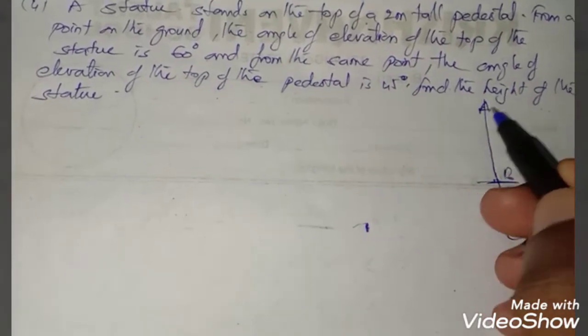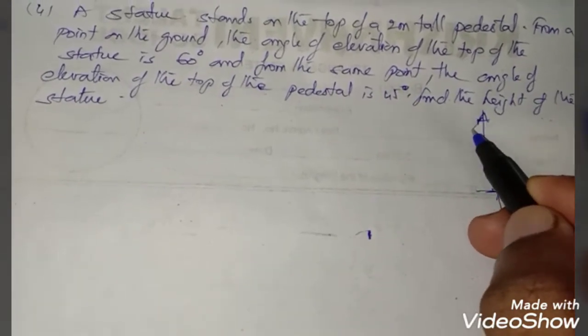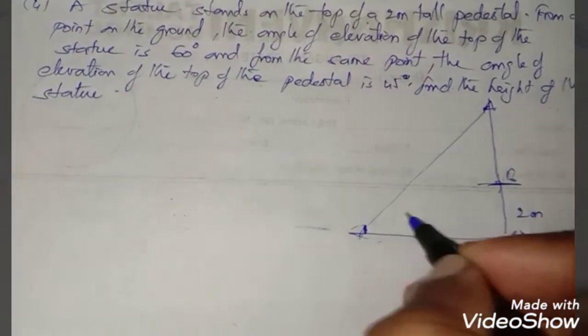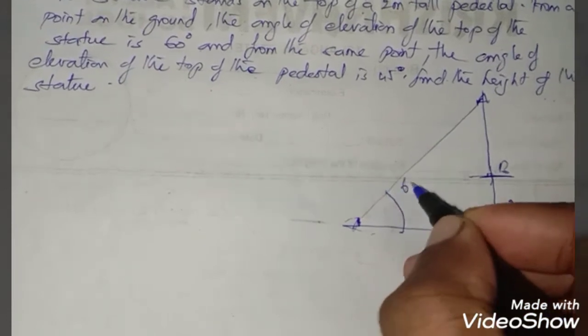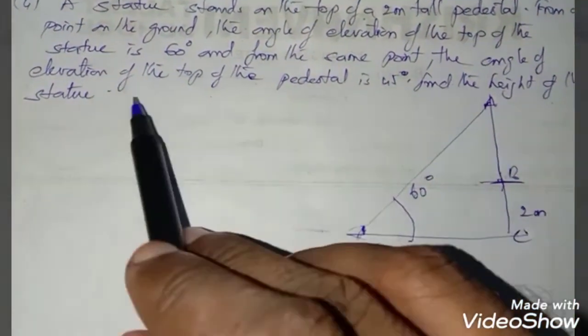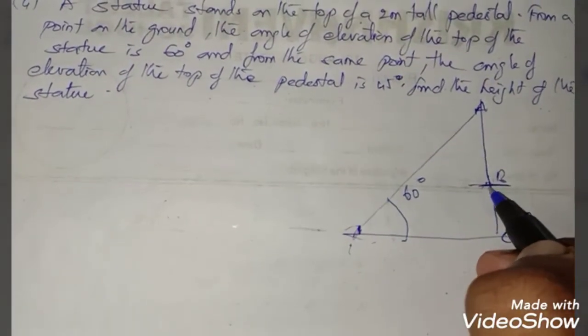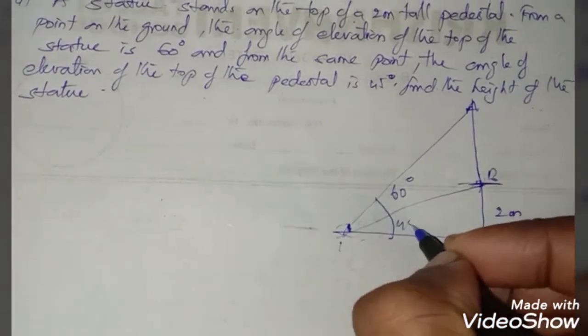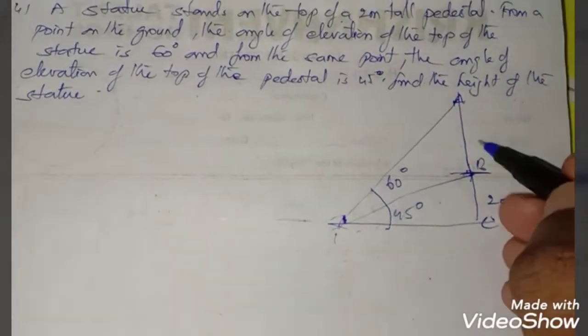The angle of elevation of the top of the statue makes 60 degrees, meaning this complete angle makes 60 degrees, and from the same point the angle of elevation of the top of the pedestal makes an angle of 45 degrees. Now find the height of the statue.